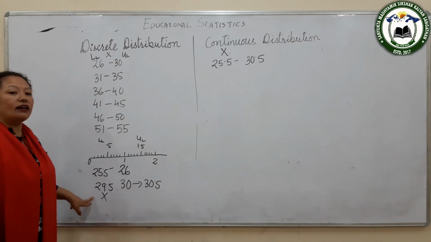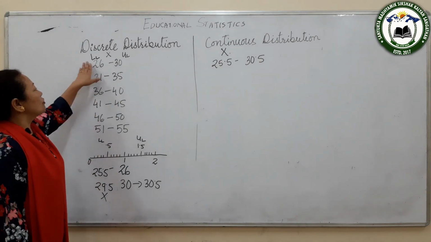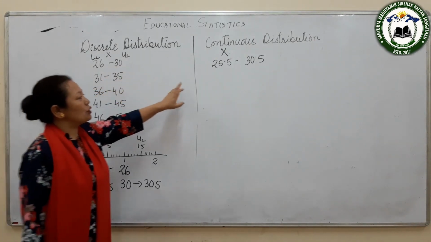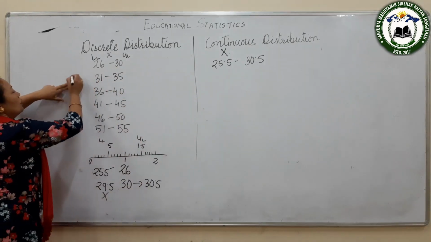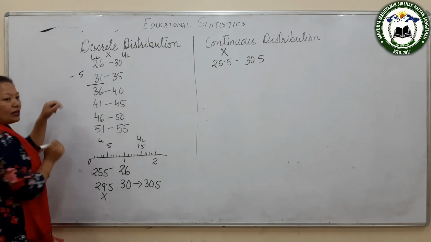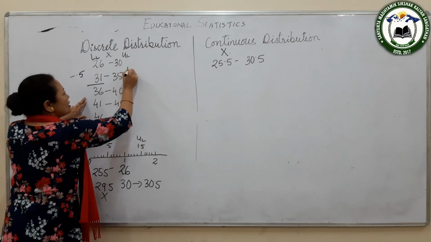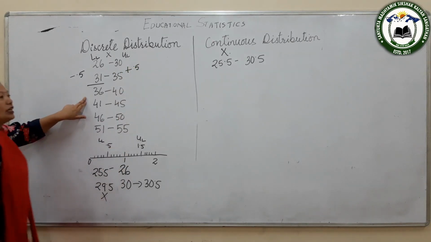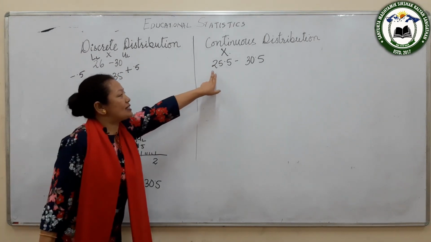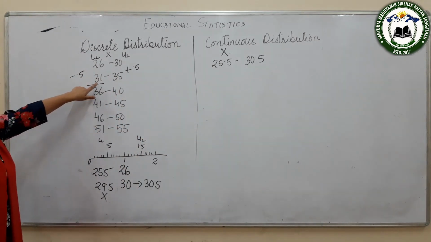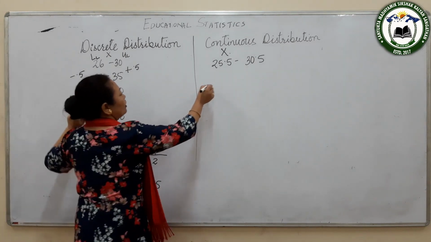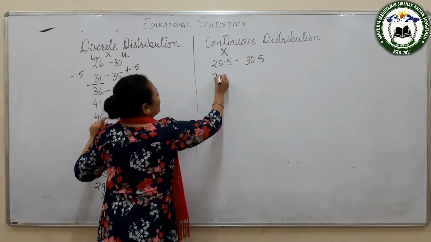Now there is another system to find out the actual lower limit and the upper limit. For that, you subtract 0.5 from the lower limit and you add 0.5 to the upper limit. So this is the way you will also obtain the same answer. For example, 31 minus 0.5 is 30.5.